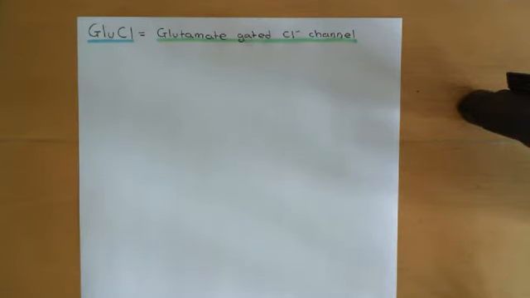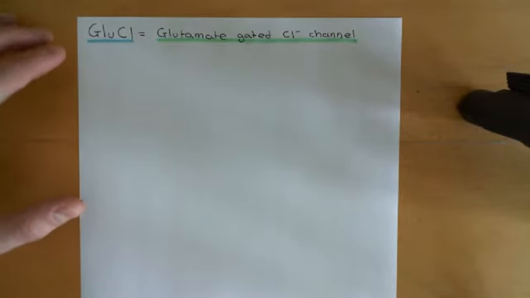So there is an opportunity that if we could design a drug which opens this channel on the muscle cells of these worms, then we could stop the muscle cells of the worm contracting, and therefore we could paralyze the worm. And we're going to see such an example of a drug later on.